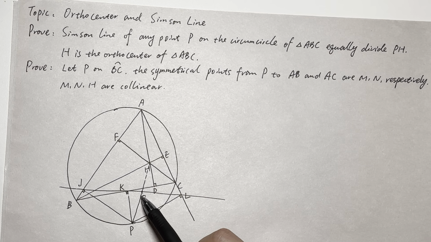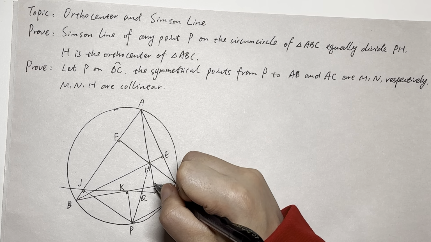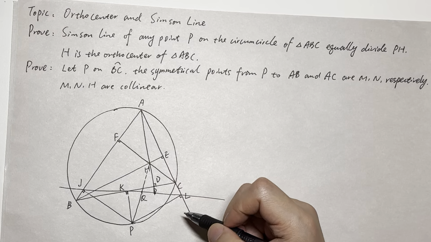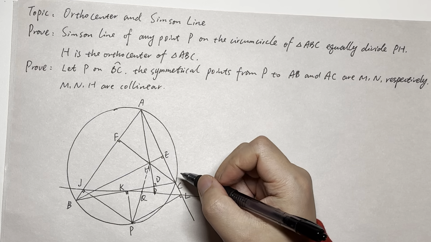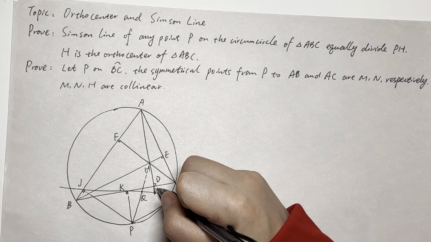And based on these two being equal, we can think of extending HD, okay? If we extend HD, let me just remark here the point D, right? Call this new point S. Okay, so this point is S.